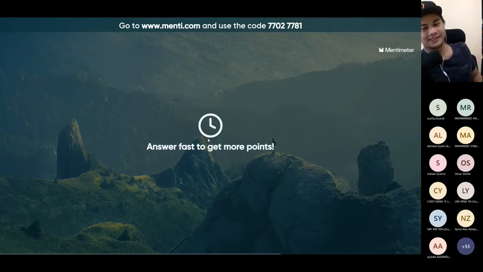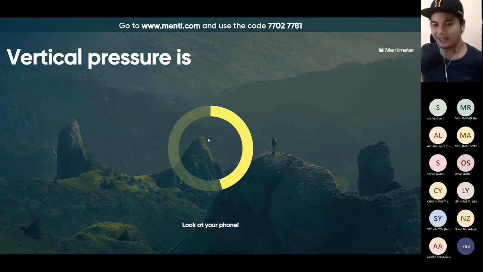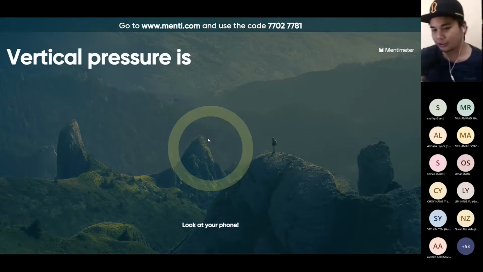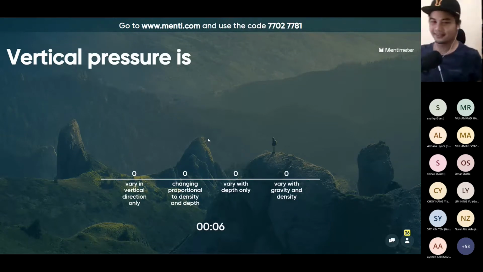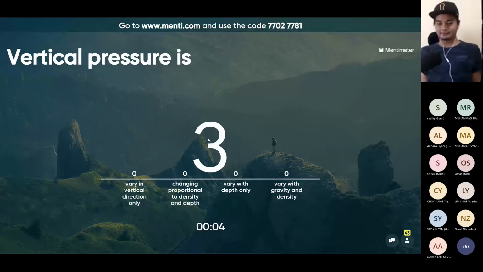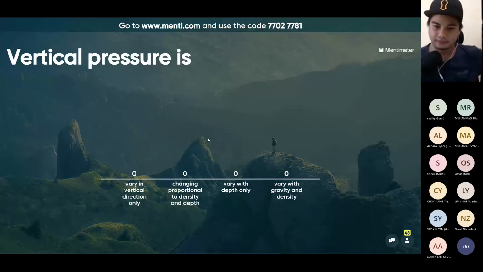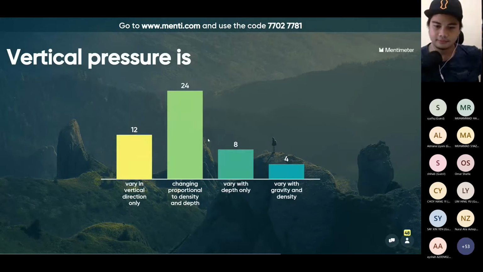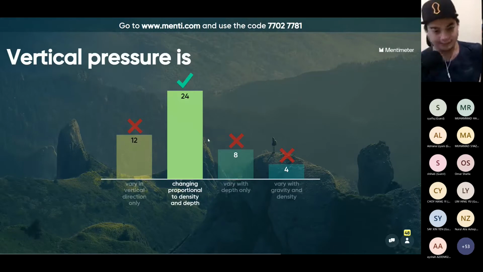The second last question. Answer fast to get more points. Vertical pressure is what? Please choose carefully. Okay, it changes proportional to density and depth.